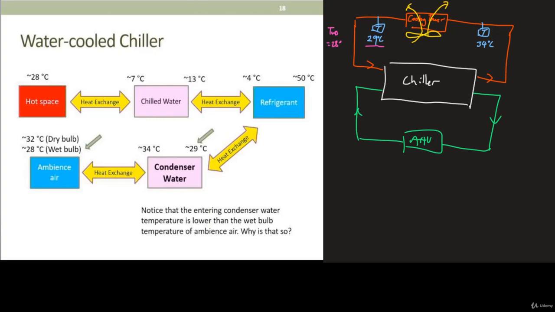The lowest the water temperature from the cooling tower can get is 28. It cannot go below 28. So usually there will be some gap, and we call it the approach temperature. For example, if the water temperature that comes out is around 29, you have an approach temperature of 1 degree Celsius.